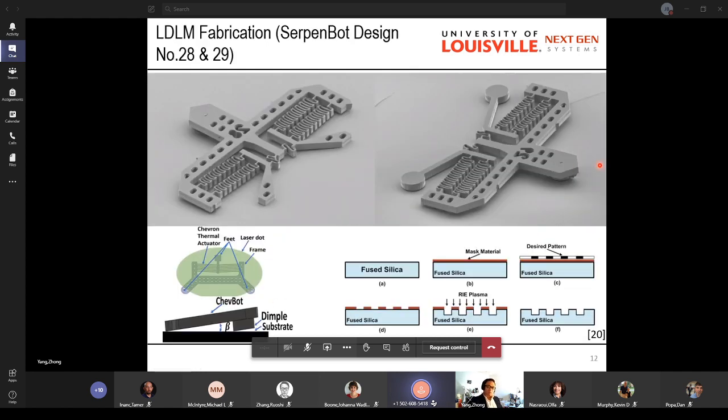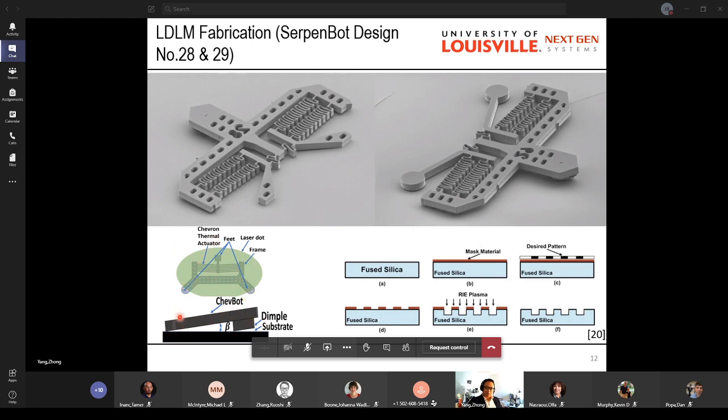So let's talk about the laser-driven locomotive microrobot first. Here are the microrobots I designed. On top is called SerpentBot, and this one is ShaBot. Those microrobots are fabricated in a standard cleanroom process, the DRIE process, and you can see the robot shining under the laser beam.